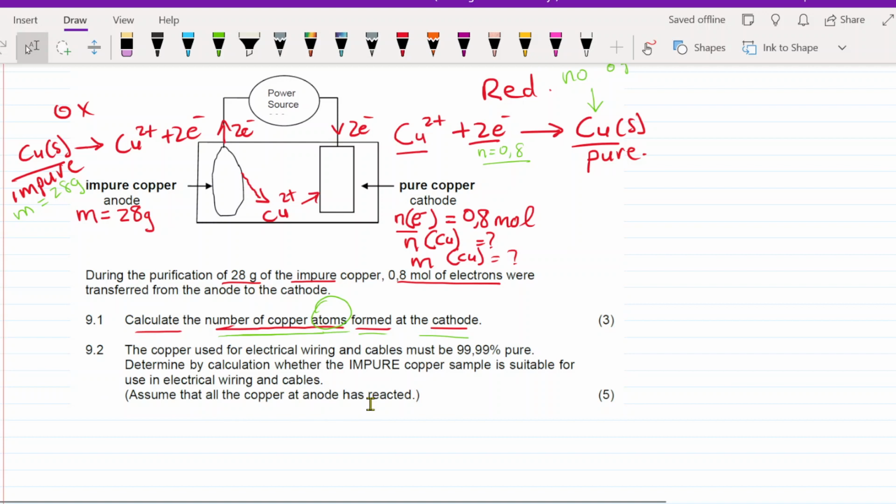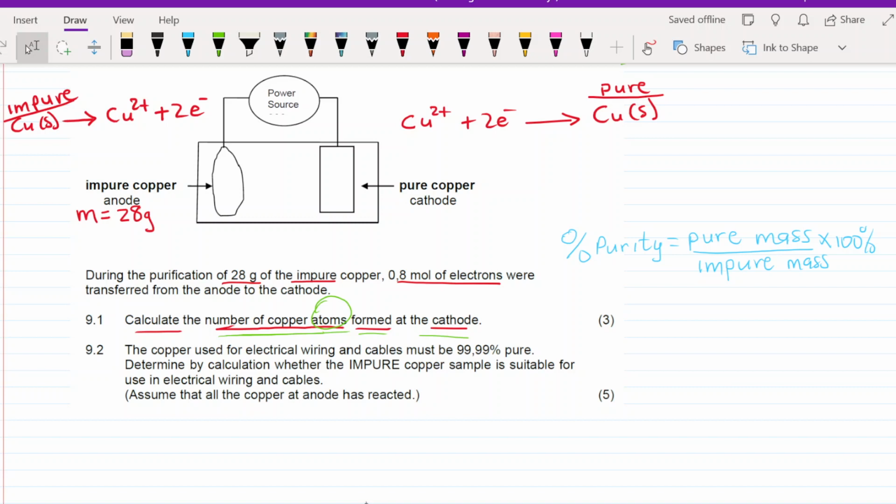Assume that all copper at anode has reacted. Okay, so this is the percentage purity question. We need to calculate percentage purity of this, and it must be 99.99. If it is below, then we know it's not suitable. But if it is 99 or 100, then it is suitable. So let me show you how to do this one.